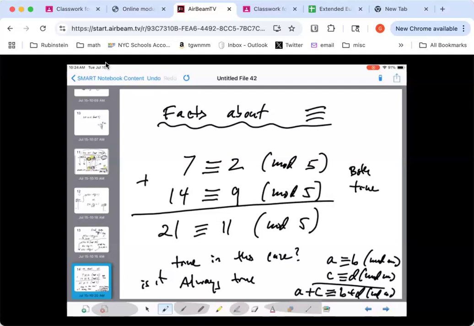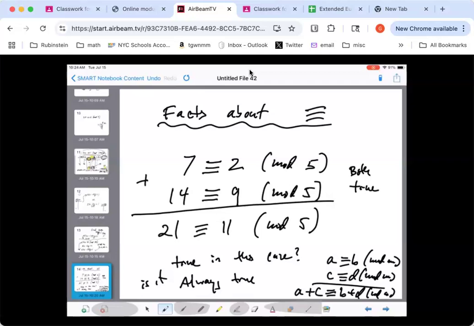But most of the time, Stephanie, usually we make it the remainder. But that doesn't mean that 14 is not congruent to 9 mod 5. As long as the two numbers get the same remainder, it counts. So is there a name for what the 7 is before the congruent symbol? And then a name for the 2?